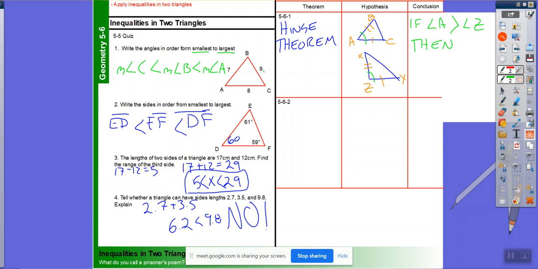So if side length ZY is congruent to AC and AB is congruent to ZX, what can we say about the third side if angle A is greater than angle Z? And obviously this is not to scale whatsoever. Then XY is larger than BC.